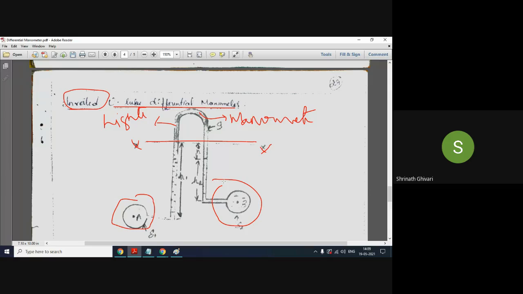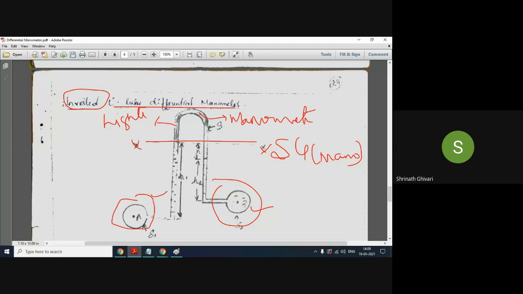Lighter liquid means what, compared to this liquid and this liquid? What will happen to the specific gravity of the manometric liquid compared to the liquid flowing through these two pipes? Will it be less or more? Less. Very good.